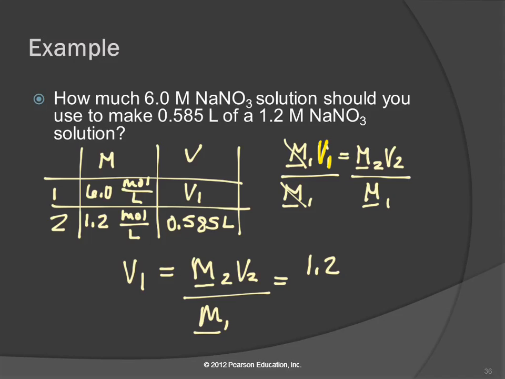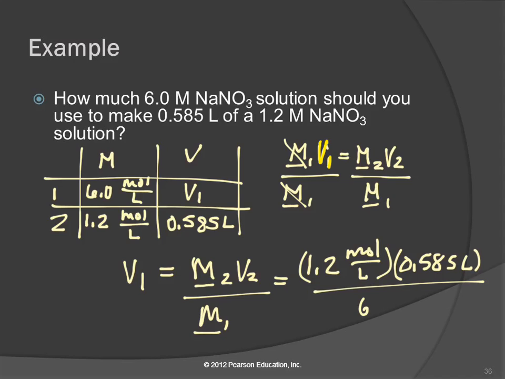So this is 1.2 moles per liter times 0.585 liters divided by 6.0 moles per liter. This mole cancels that mole, this liter cancels that liter.